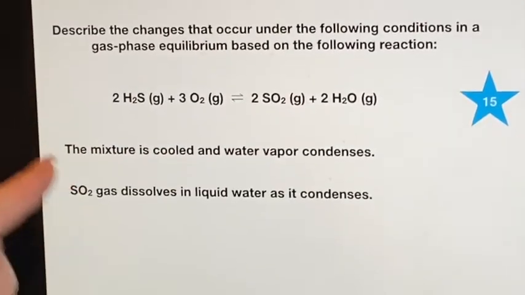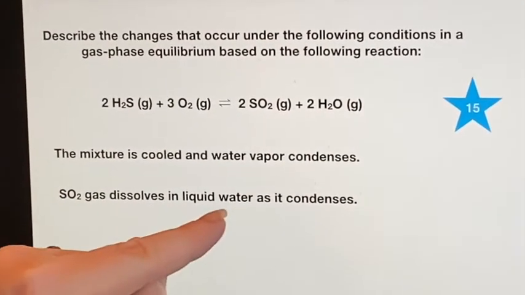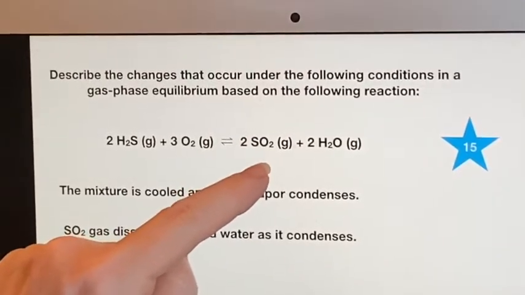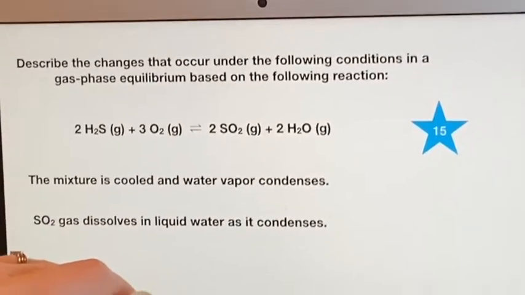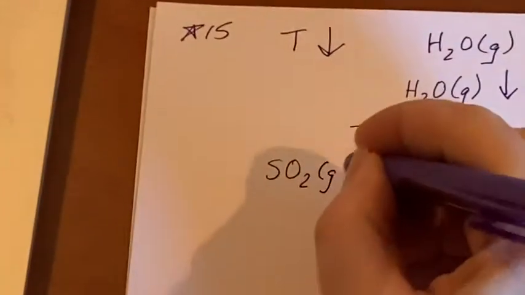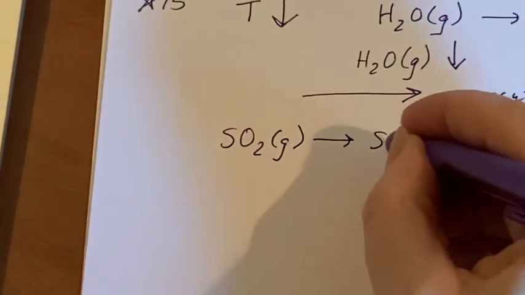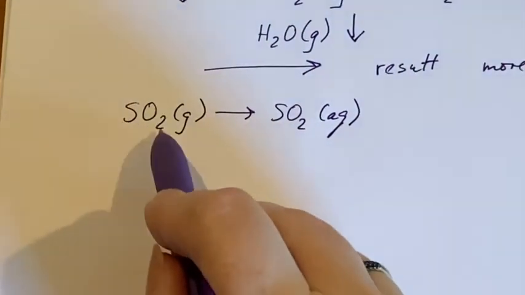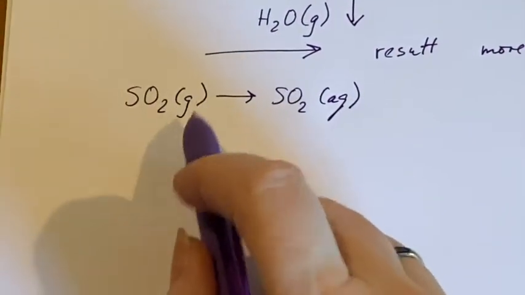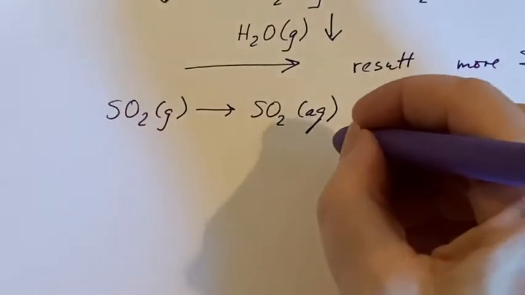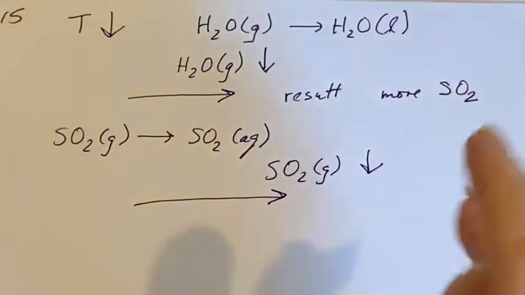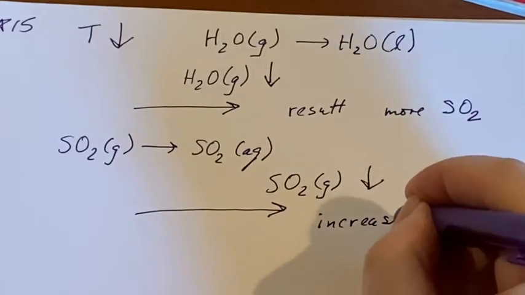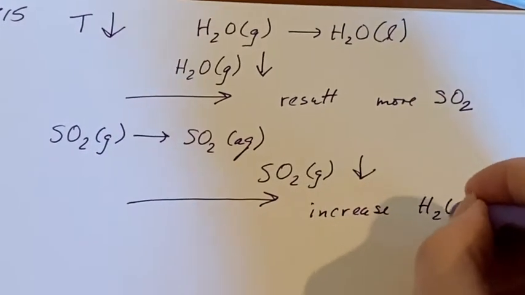The sulfur dioxide gas can dissolve in the liquid water. So that's another one that's over here on the right. Since the SO2 as a gas is becoming SO2 aqueous, the amount as a gas is going down. So that's like removing product again, right? Things will shift to the right again, and that will now increase the amount of H2O gas.